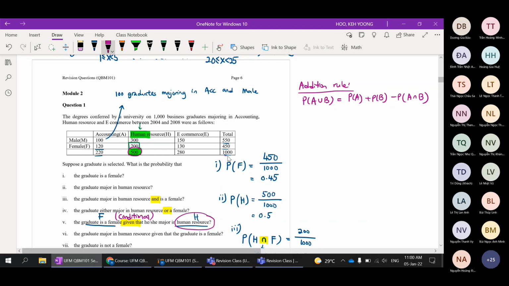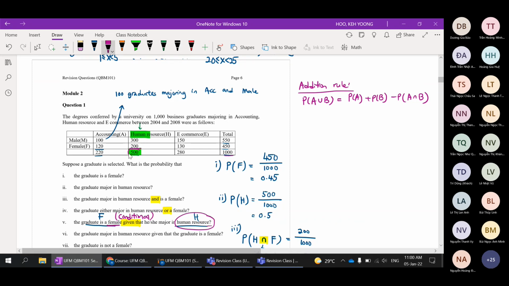We don't look at the 1,000 anymore, because this is the given event. This has already happened. We already know the graduate is a human resource major. So we only look at these 500. Out of these 500, how many of them are female? 200.